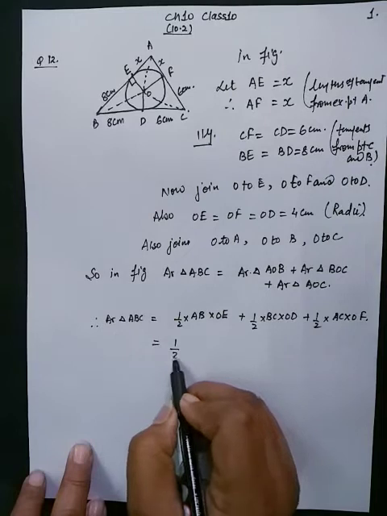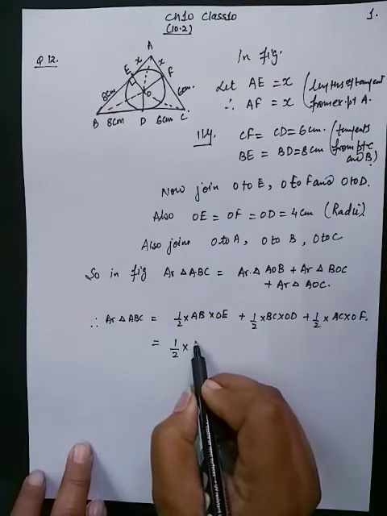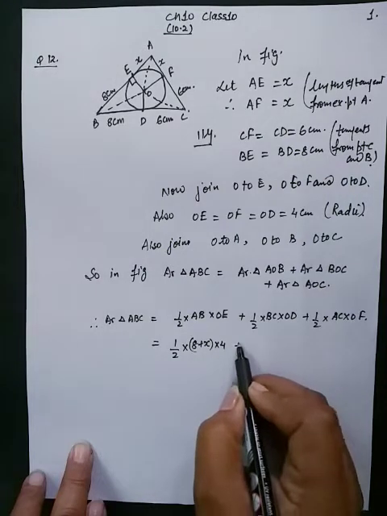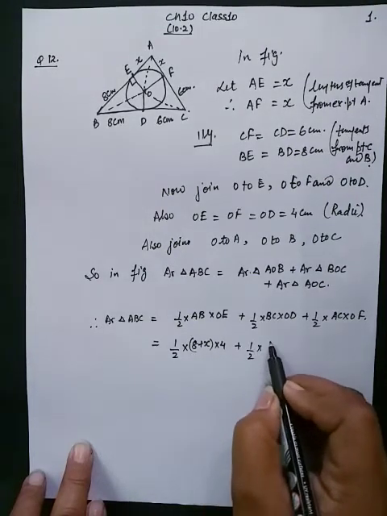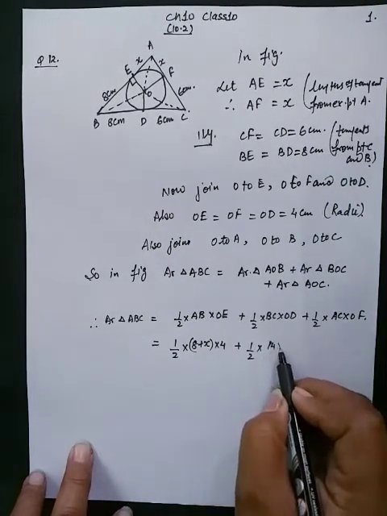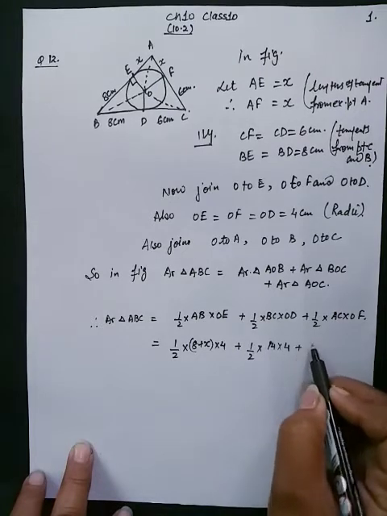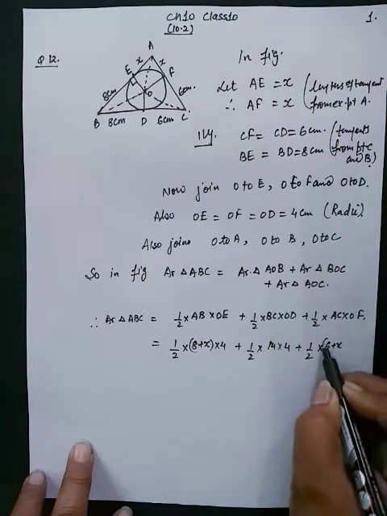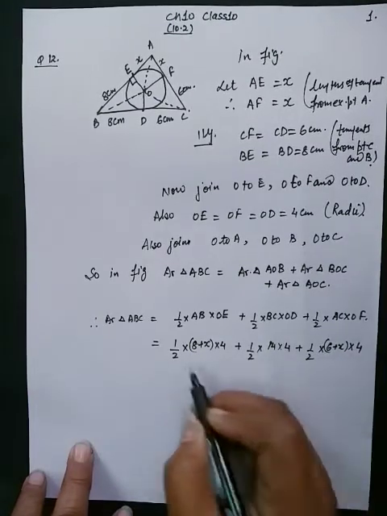Here 1 by 2. Length of AB is 8 plus x and OE is 4 centimeter. 1 by 2. Length of BC is 14 and OD is 4. 1 by 2. Length of AC is 6 plus x and OF is 4.